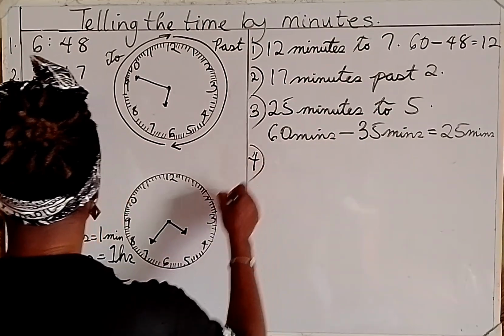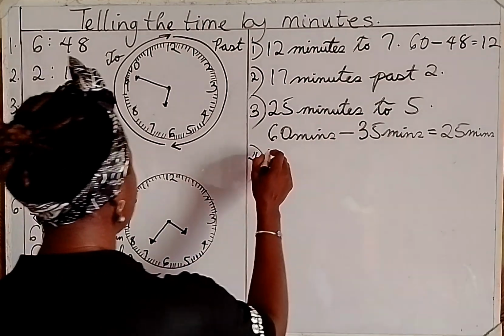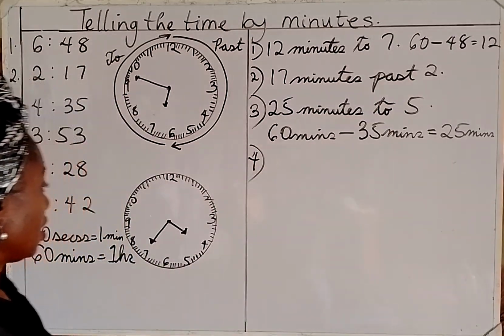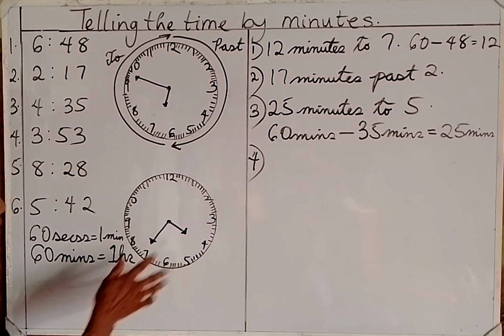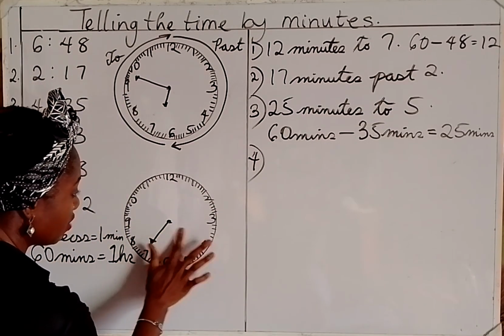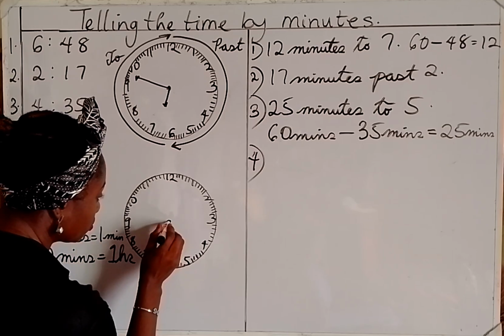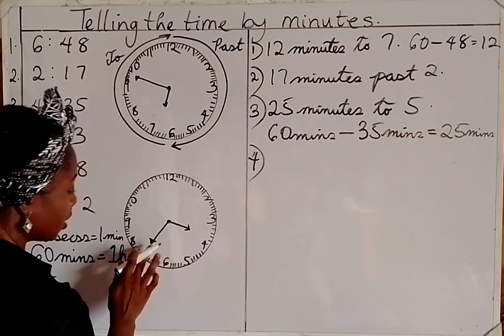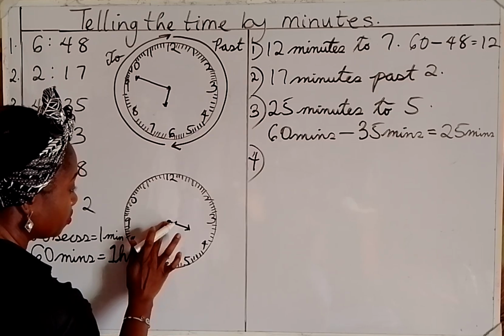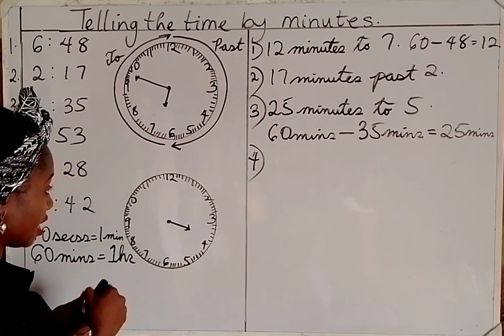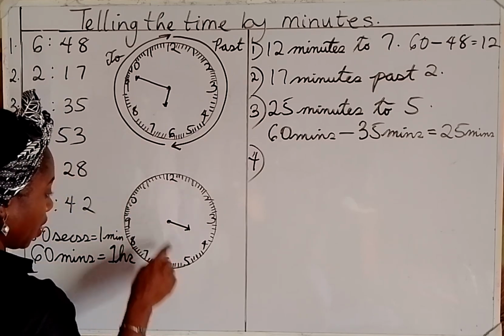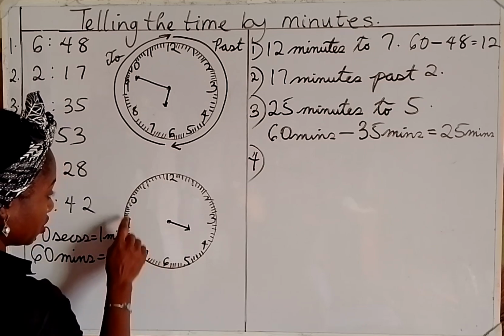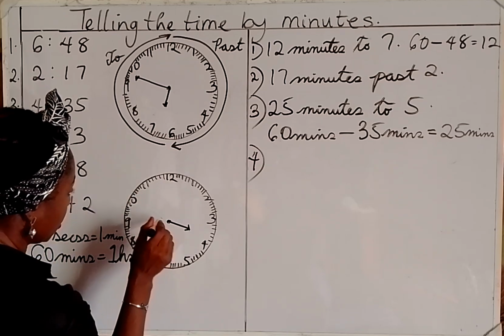Question 4. 3:53. Now, our short hand will be very close to 4, right? And our long hand will be on 53. So we're going to count 53 from here. 30, 35, 40, 45, 50, then 53 is somewhere here.